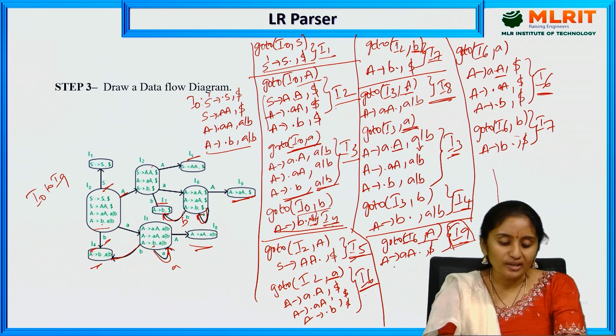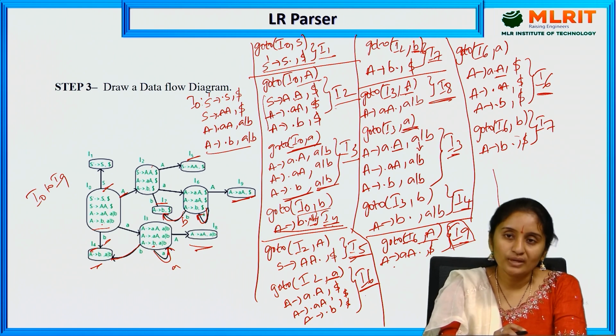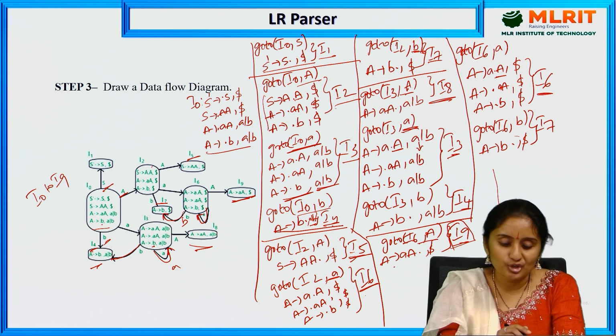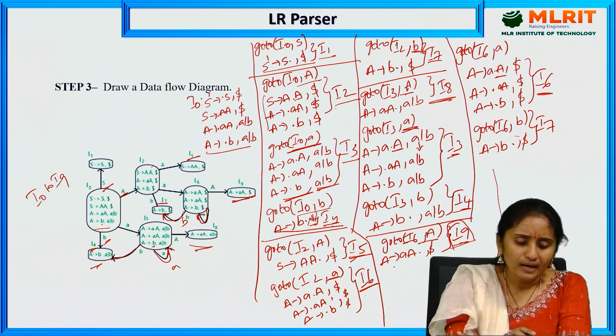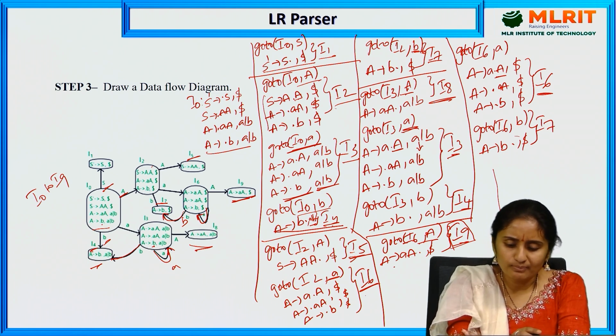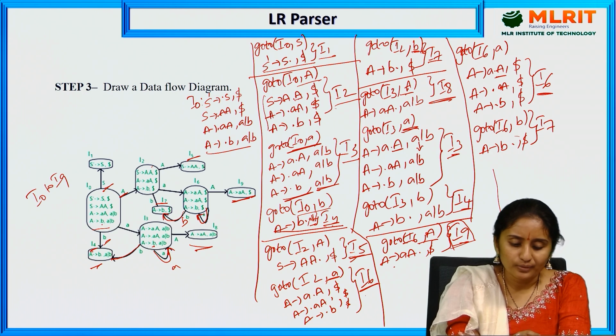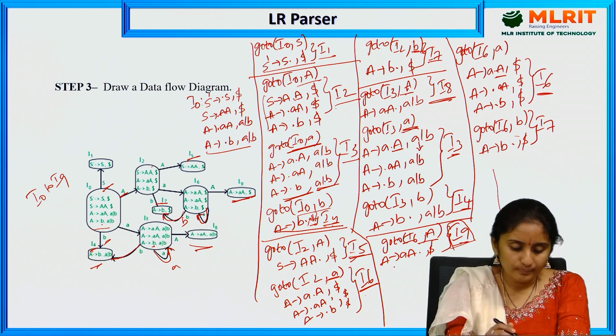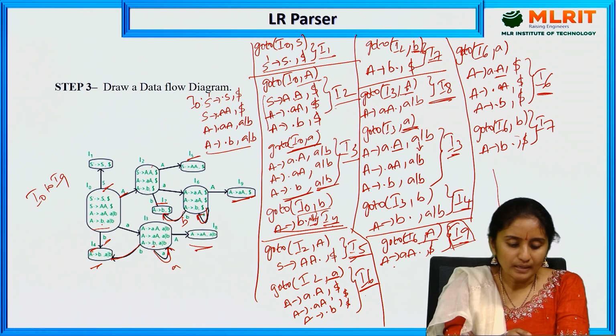So let me check what states have the same productions. I1, are the same productions there? No. I2, A dot A, it is not there.